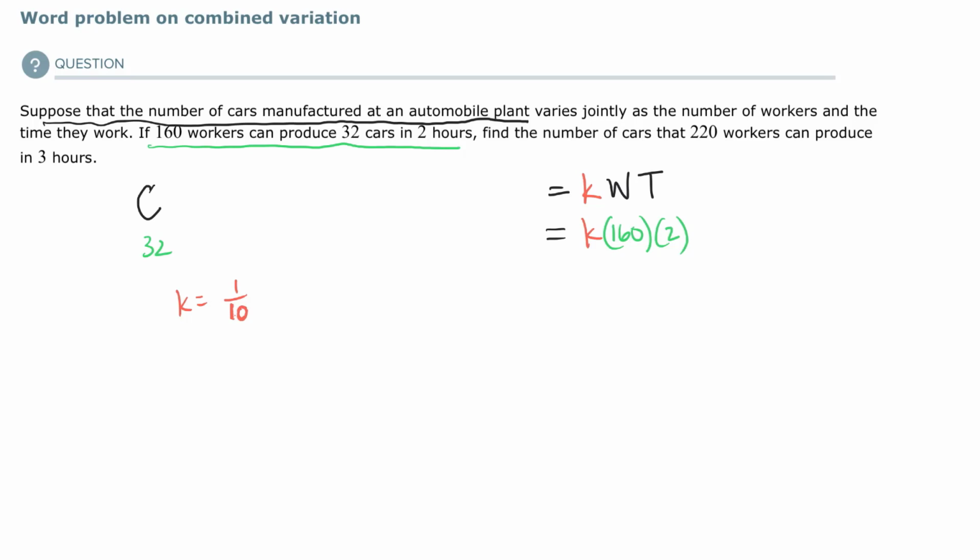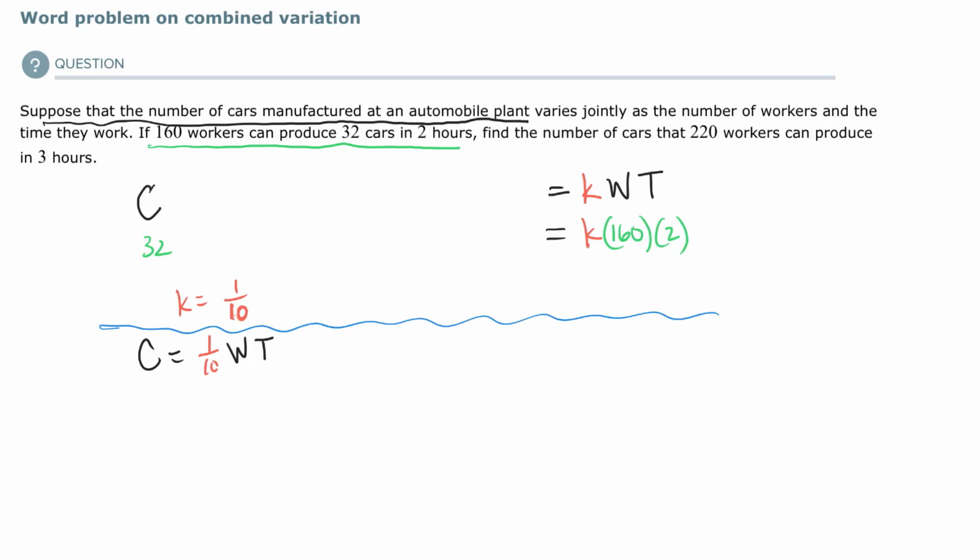Now what we're going to do is rewrite our relationship. Our relationship is now what? C is equal to 1/10 times W, which is the number of workers, times the time that it takes, the time that they're spending on producing cars.